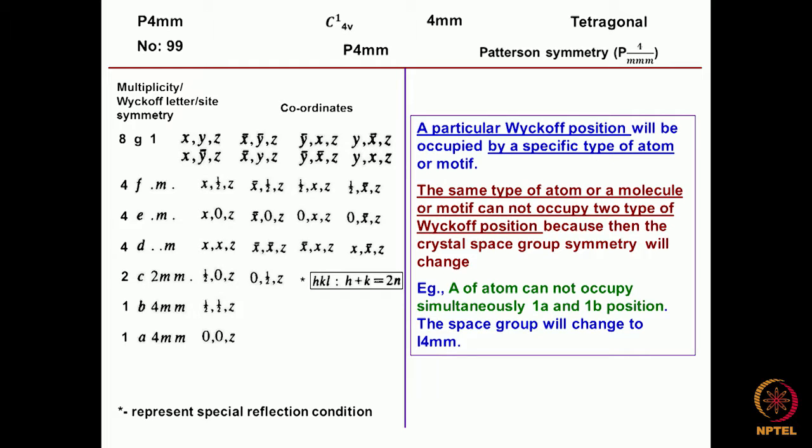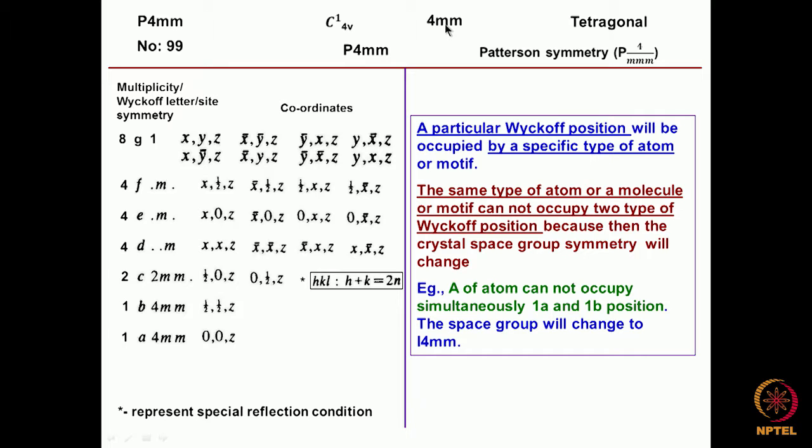Suppose we try to keep one type of atom at any particular point. For example, if we consider the 1A position and keep one atom there, and we keep the same type of atom at the B position also, it is just not possible, because this structure will then exhibit a symmetry which is not P 4 mm.